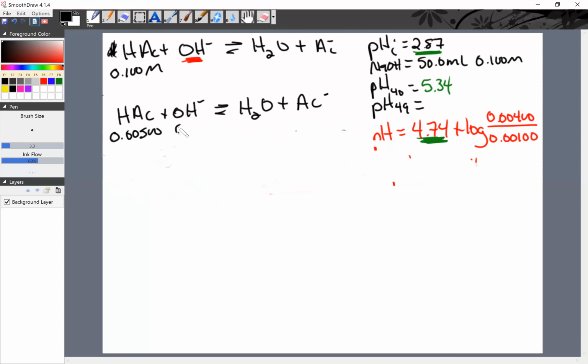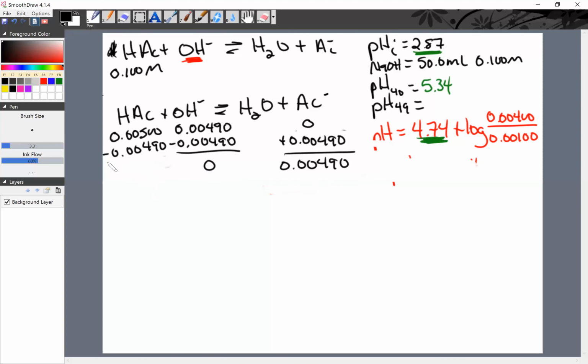Remember, at the beginning, there is no acetate. Do I have enough acid to sop up all this base? And in this case, the answer is yes, barely. Somebody check my math on that.